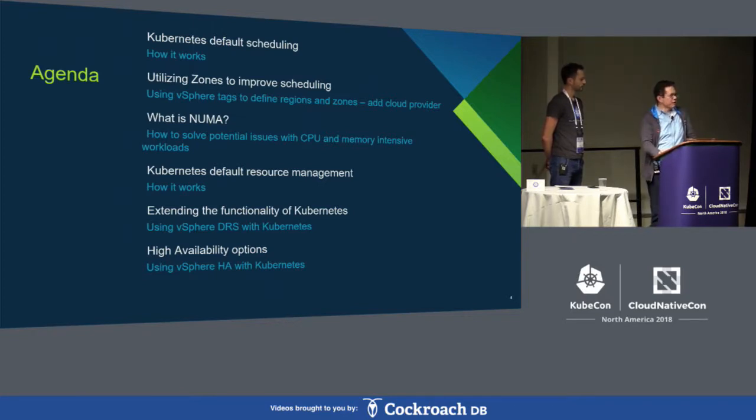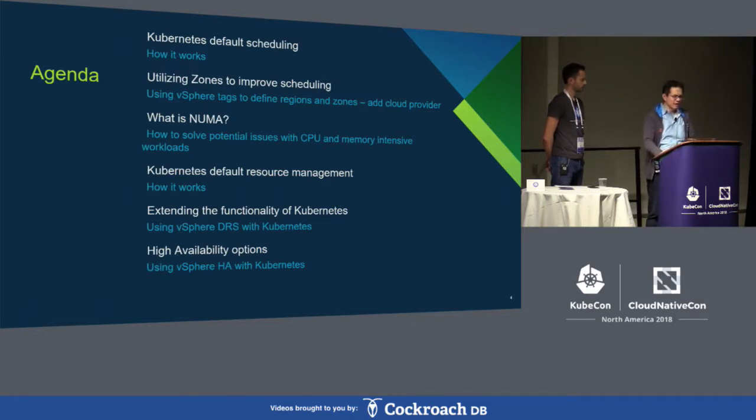We're going to start with covering Kubernetes default scheduling, how it works regardless of whether you're on a hypervisor platform or not. Moving into the zones feature that can be used with vSphere to get some valuable and enhanced features. Next, we'll go on to NUMA, non-uniform memory architecture, and we'll explain what it is when we get there.